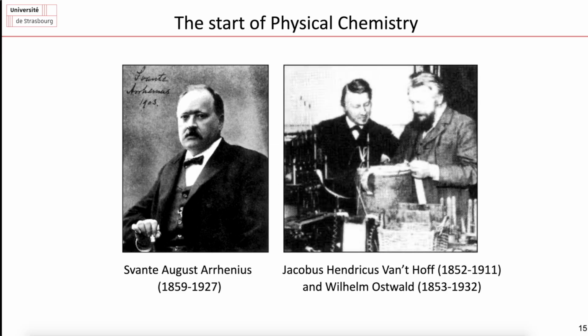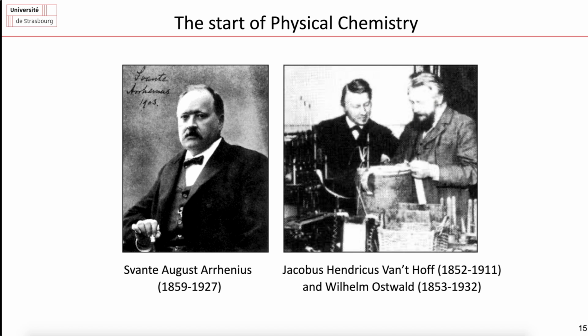So now we come really to the start of the field of physical chemistry as we know it. And so these are some of the most influential people at that stage. So you see Arrhenius on the left, we have Van 't Hoff here and Ostwald here.